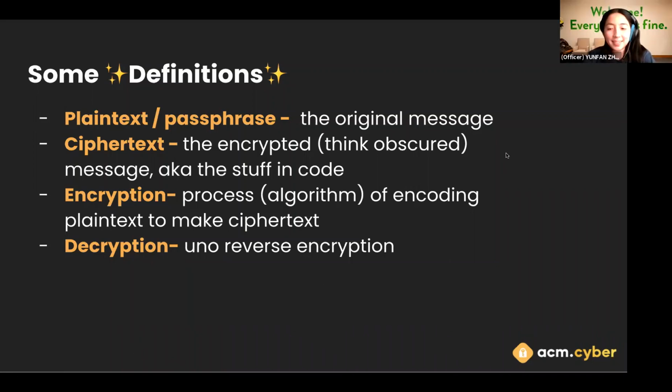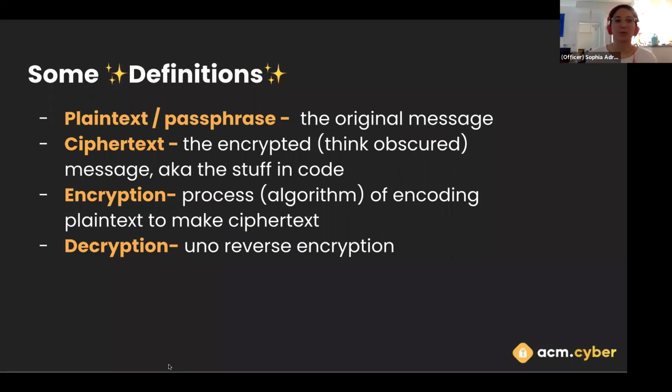Okay, so we're going to start out with some definitions because we'll be using these for the rest of the workshop. First, we have plain text. This is just your actual message. If I want to say Bob likes burgers, that's plain text. If I obfuscate it, obscure it, encode it, I create ciphertext.